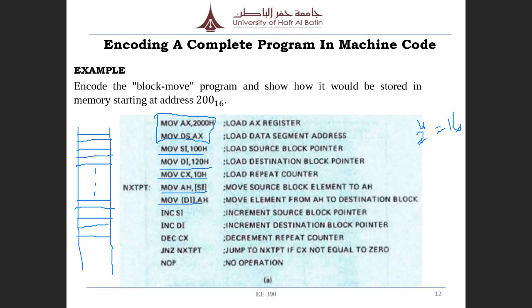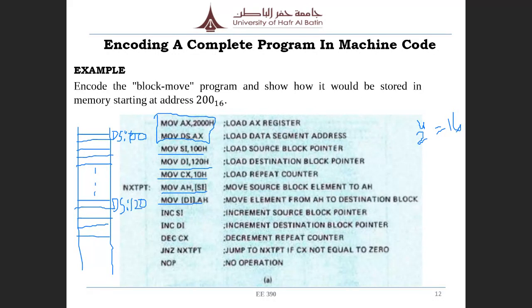So the offset address is DS colon 100, and here for example DS colon 120.